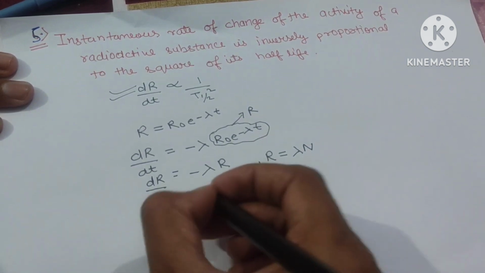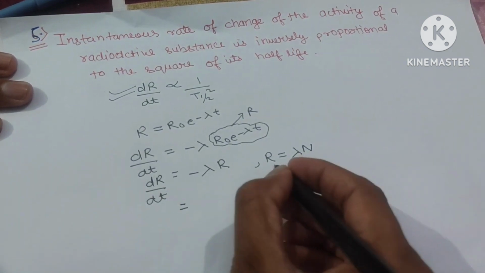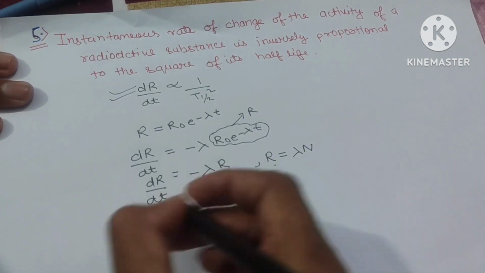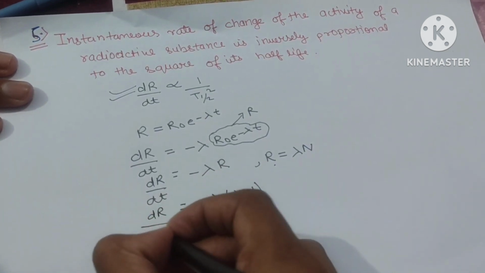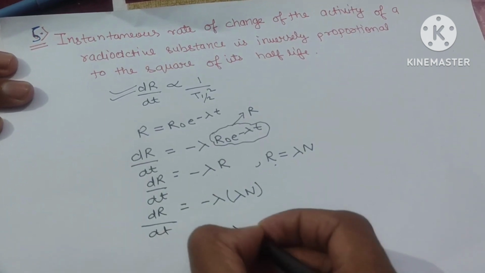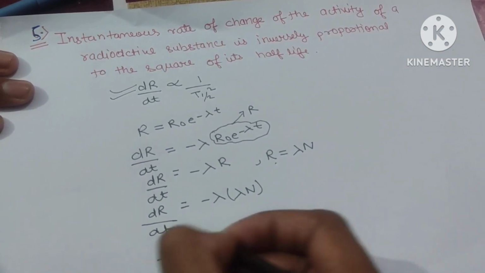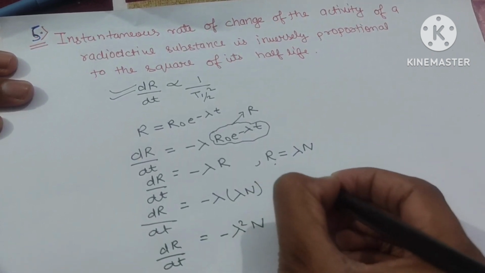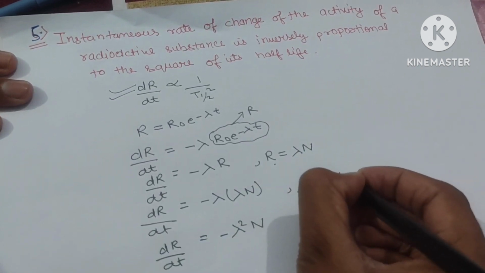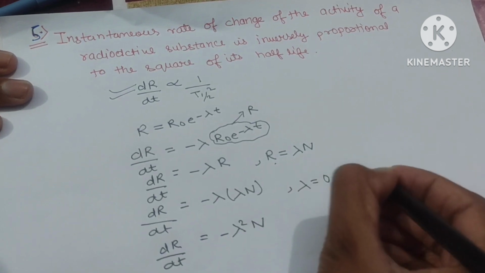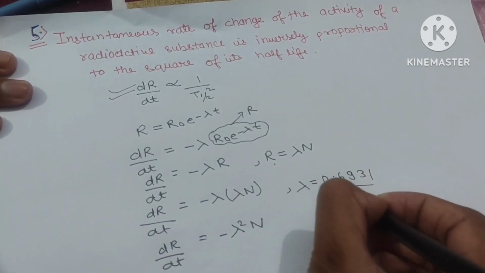Now put this value here, so it will become lambda N, so lambda square N for dR/dt. We know that lambda is equal to 0.6931 by half-life.